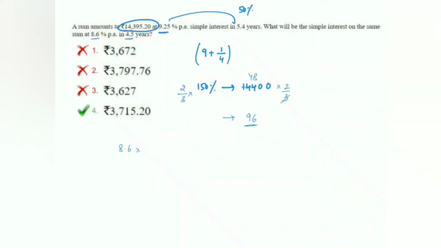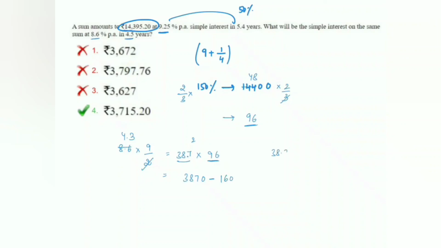8.6 into 4.5 means 9 by 2, 27. 38.7 into 96 you have to do. 38.7 into 100 is 3870, minus, take 38 into 4. Let's take 40 into 4, 160, you subtract.